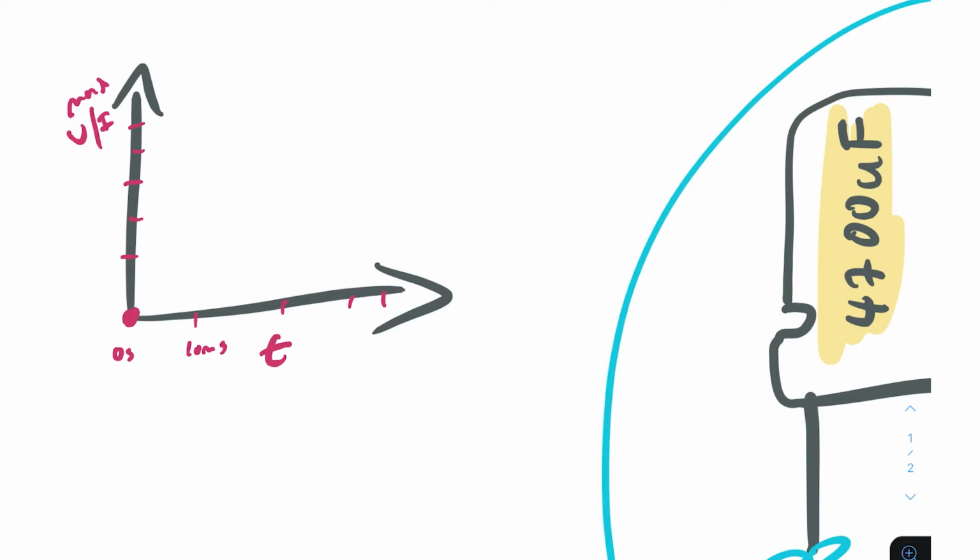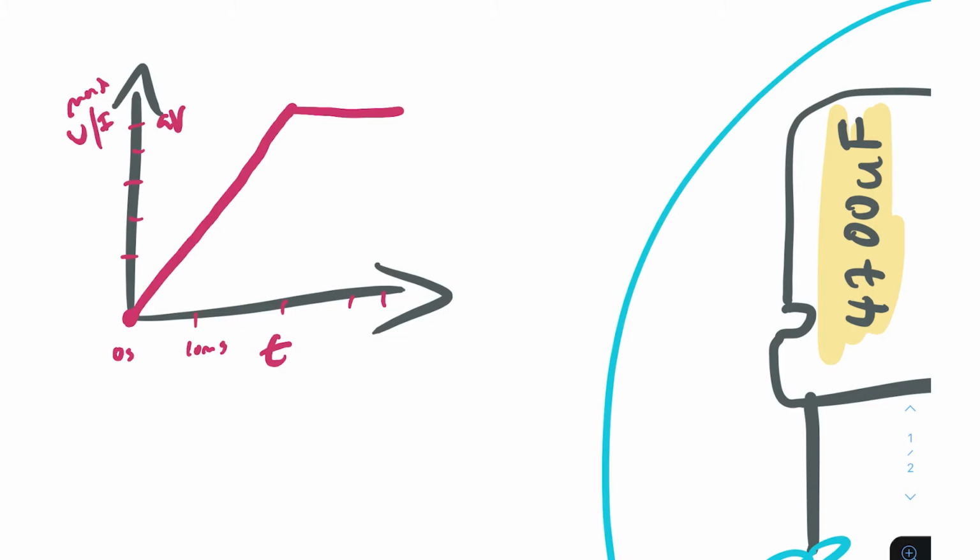As we start to apply voltage to the circuit and the capacitor gets charged up, we see the voltage go up like this until it reaches its max. The capacitor is not going to get a higher voltage than the voltage source. So if you've got, for example, a 9-volt battery, it will reach 9 volts up here and then just level off.